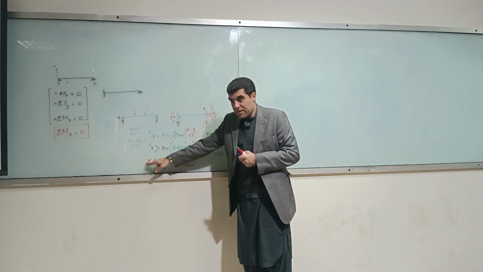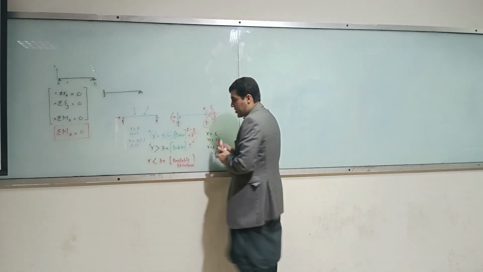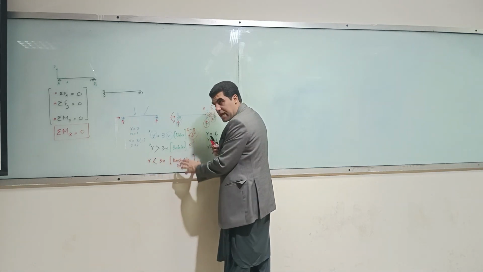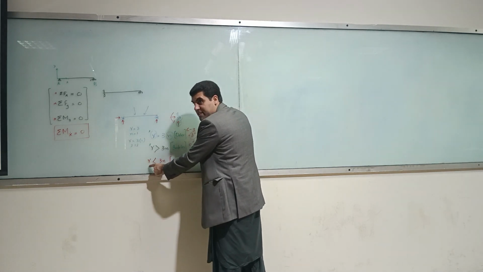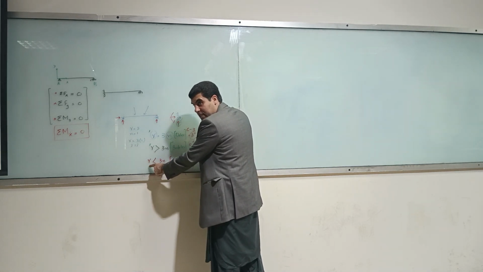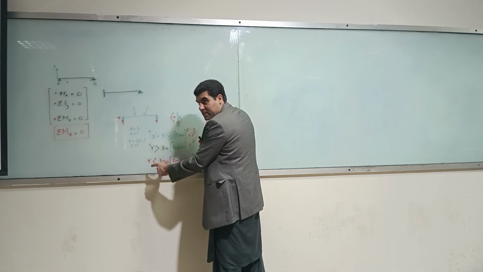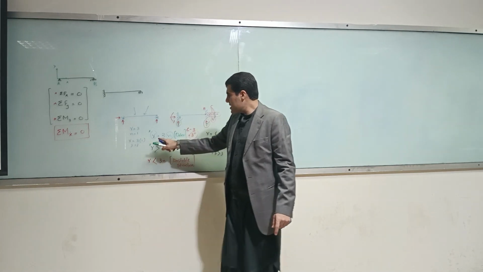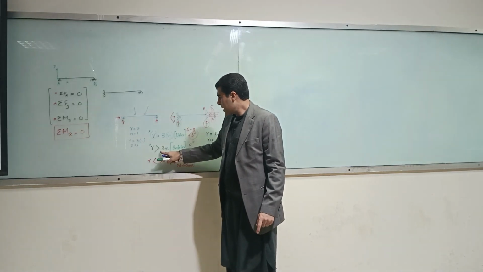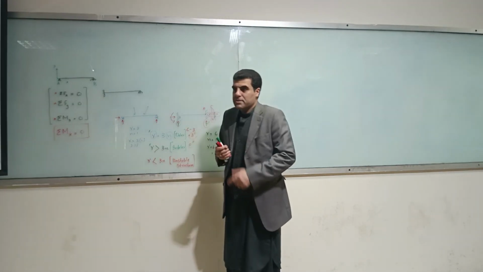You must ensure that the structure is stable, and this condition is never satisfied. This is actually the violation of stability. You understand my point? So this is your determinate structure, indeterminate structure, and unstable.